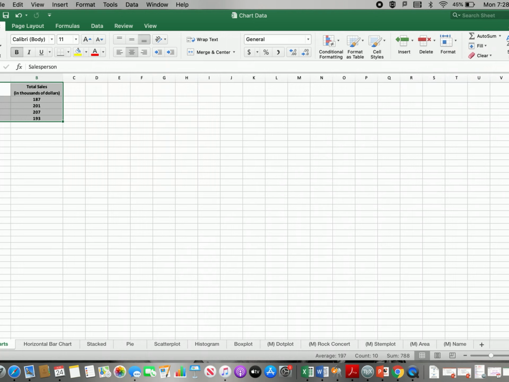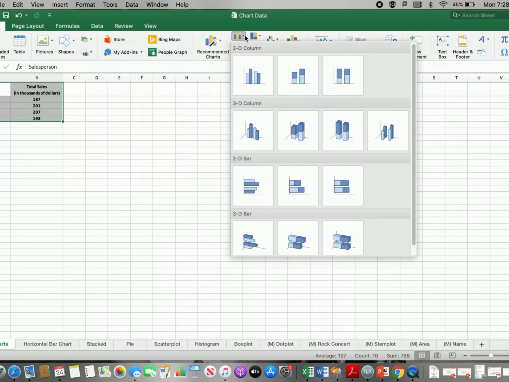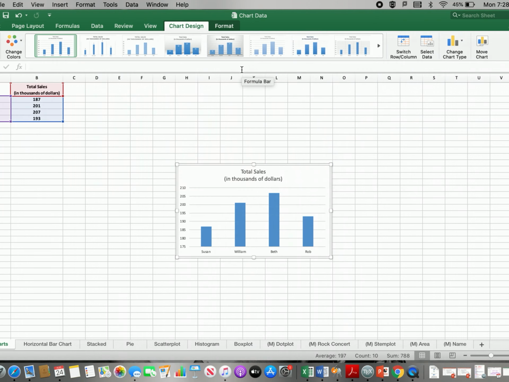You then go up to Insert, and as long as you have the most recent version of Excel, you should come up with a ton of small charts and graphs here. Click on the appropriate one. You may have to flip through them to make sure that you've got the correct one, and then click on the graph that you want. And it will create a bar chart for you, because that's the one that we've chosen.